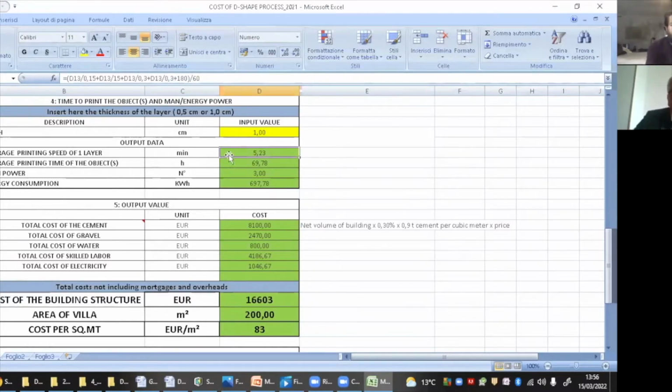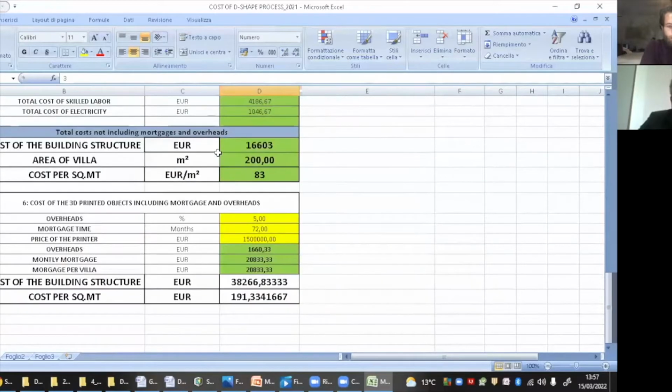Theoretically, if you don't have stops of the printer and you feed the machine continuously and properly without interruption, so there is not a bottleneck in the process, in principle the printing time of the house is only 70 hours, with three people per shift, working on 3 or 4 shifts continuously. Of course, we don't consider maintenance and stops and go.